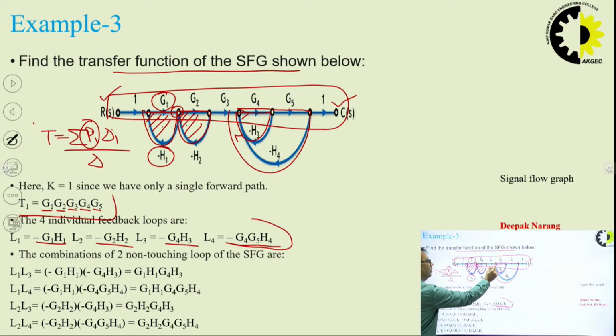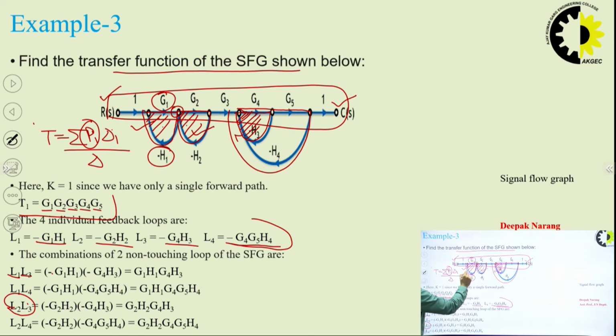But this particular loop is non-touching with this loop as well as with this loop. So L3 is non-touching with L1, and L3 is also non-touching with L2. So we'll make the product of these combinations.